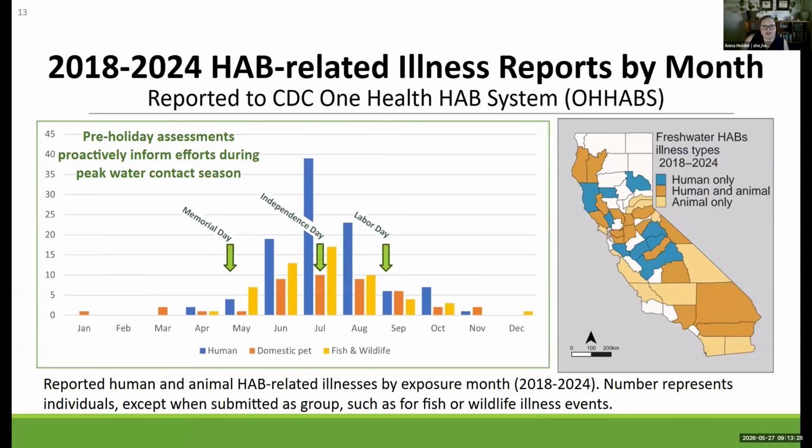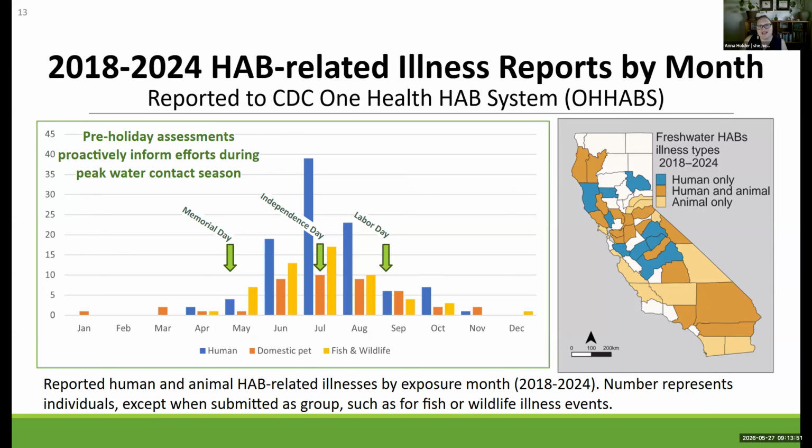And for those joining for the first time today, we've talked previously about why it's important to monitor for harmful algal blooms. And harmful algal blooms in California waterways can produce toxins that cause illness. Our program works with an interagency work group to track those illness reports across the state.